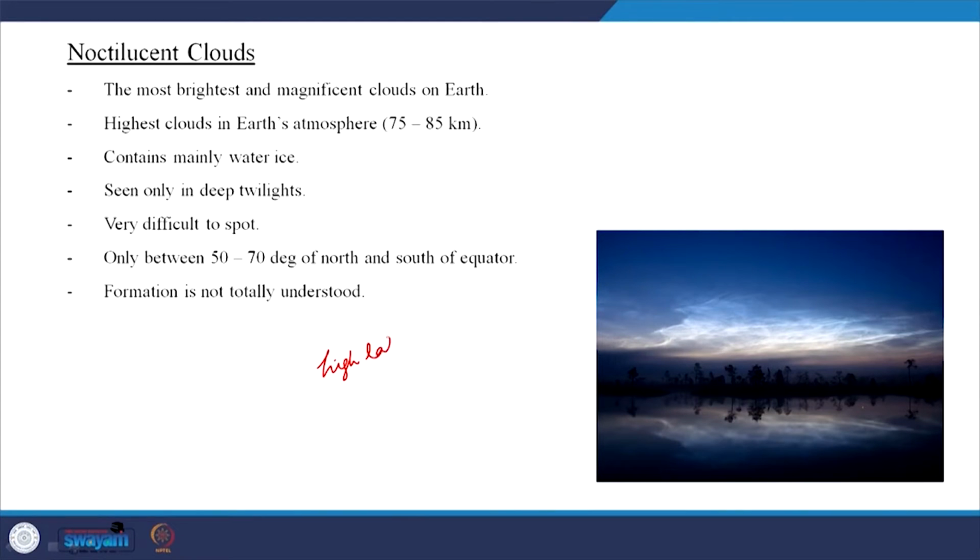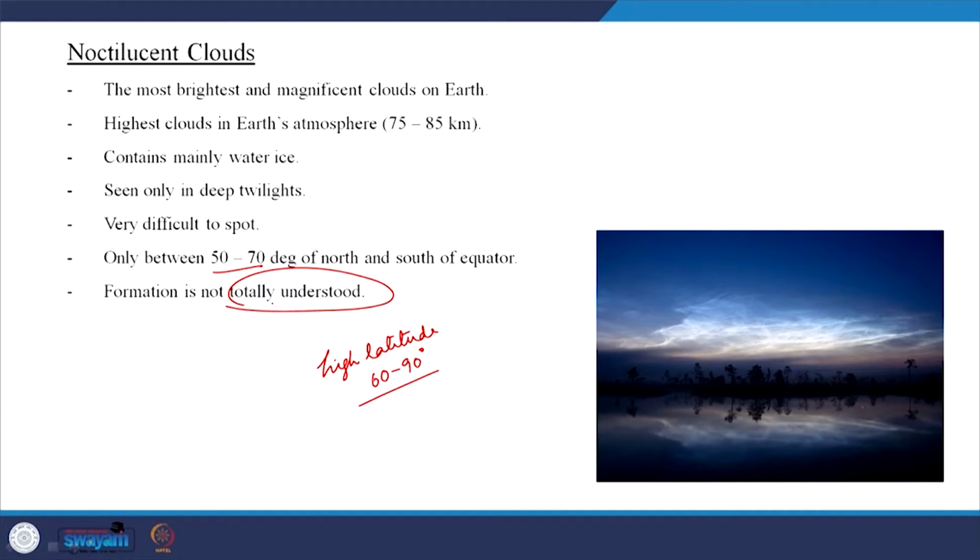High latitudes are generally 60 to 90 degrees, right? So you see, the formation is not totally understood. We don't know completely the formation mechanism of these type of clouds, but they can be easily seen, with the brightest and most magnificent occurrence, right?